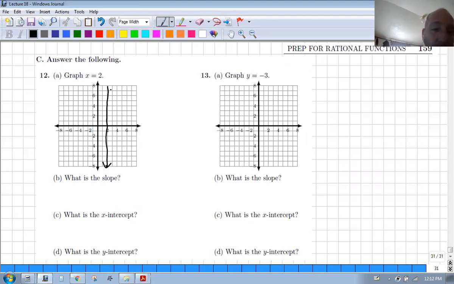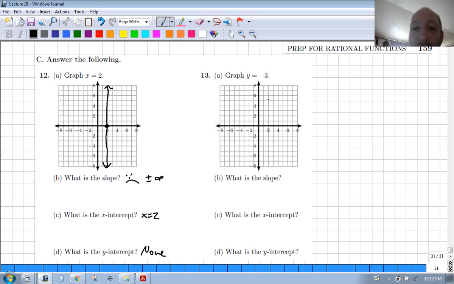Boom. All the points on that line have an x equals 2. What's the slope? It goes straight up and straight down. It's undefined. Right? It's both positive and negative infinity. What is the x-intercept? X equals 2. What is the y-intercept? There is none. It never crosses the y-axis.